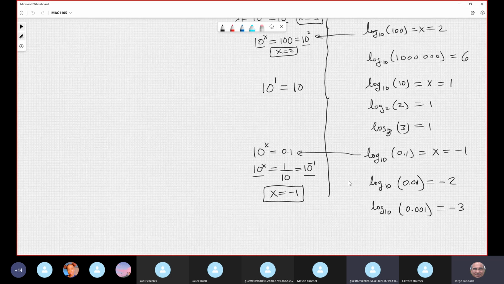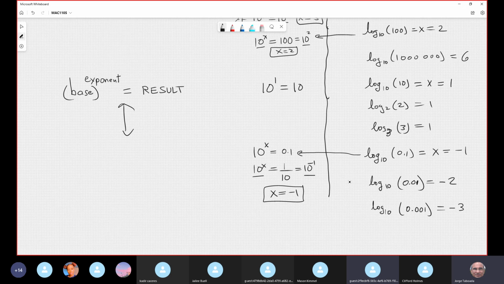Look, we have the classical exponential that has a base raised to the exponent, equal, let me call it result. When you transform this statement to the logarithm statement, I put the LOG, which is the name of the function. You put the small number here, the base, copy paste.